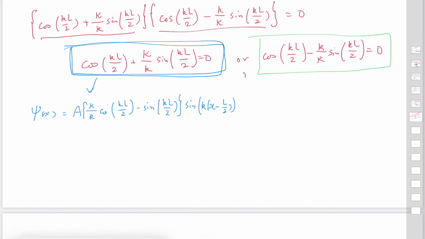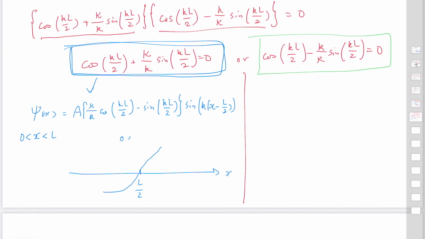Okay, so we have two situations. But in these situations, psi at x equal 0 and x equal L, so this is an odd function. If you draw it around x equal L over 2, it should be this kind of odd function. So the wave function becomes odd.